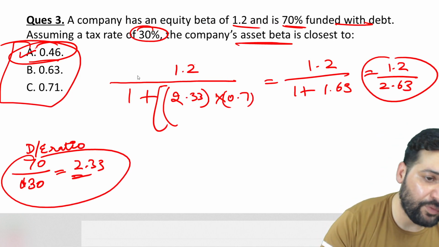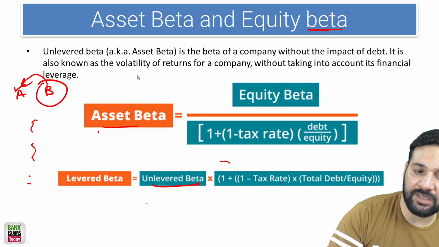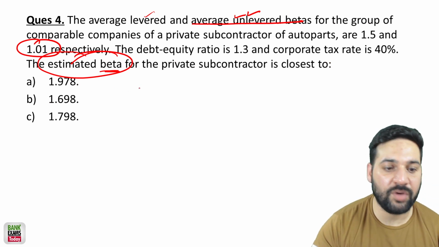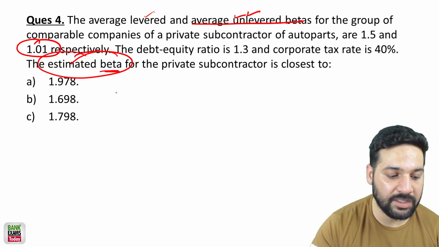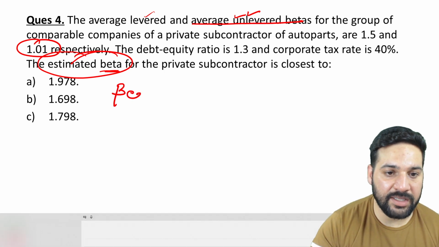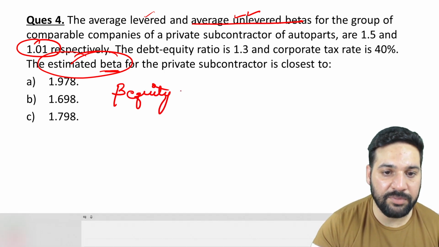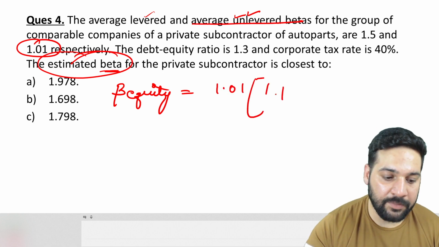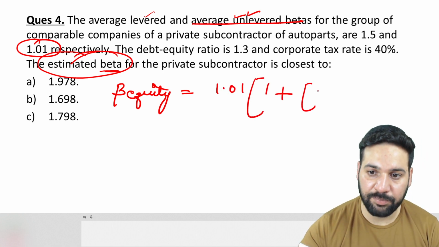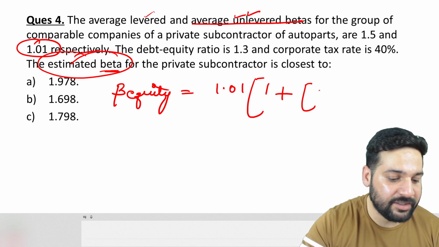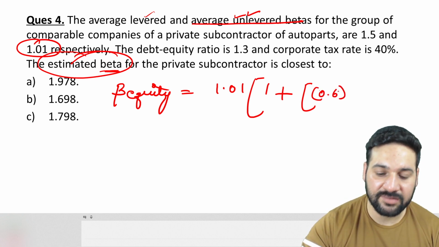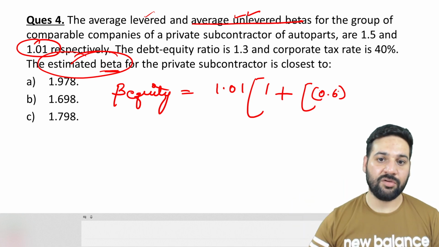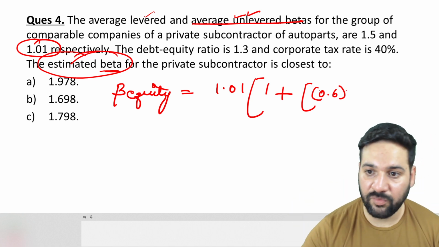Okay, so the formula is here. The second one, the levered beta. What is the unlevered beta? That is 1.01. You got the unlevered beta, and you want to calculate the equity beta. 1 plus, again very simple, 1 minus tax rate, which is 0.6. And the second one is the debt equity ratio, which is 1.3.